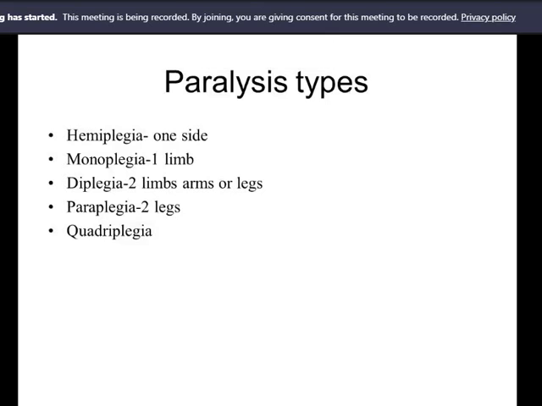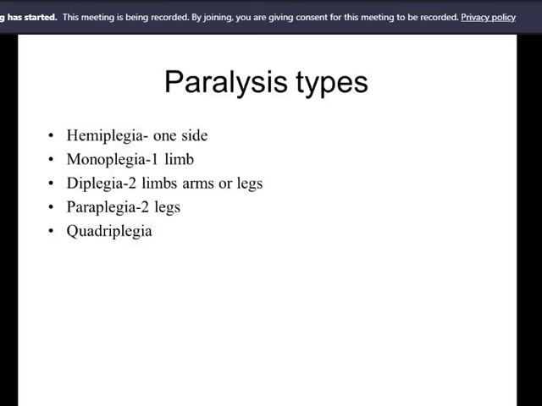Hemiplegia. Hemi means half, plegia, paralysis. So one side paralysis is hemiplegia. Monoplegia. Mono means one. Only one limb is paralyzed. Diplegia. Two limbs, maybe two arms or two legs are paralyzed.